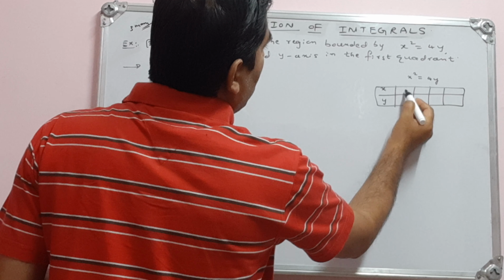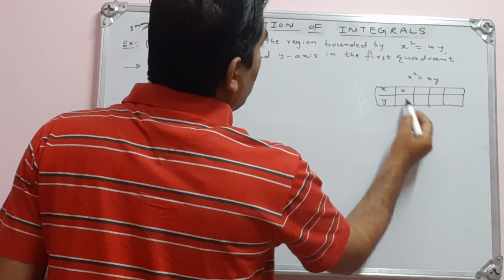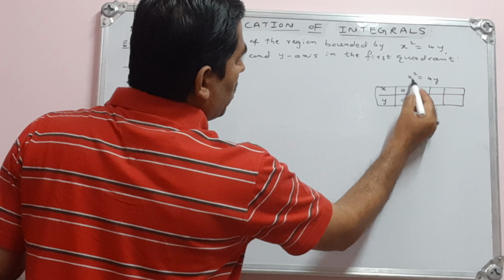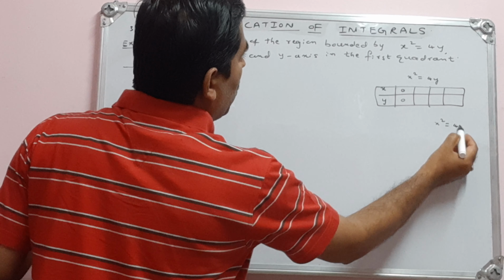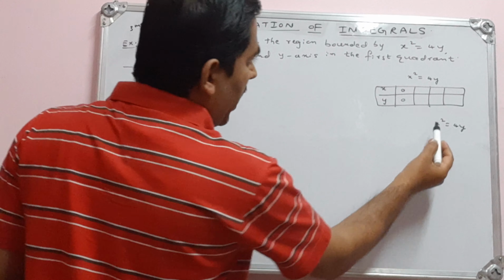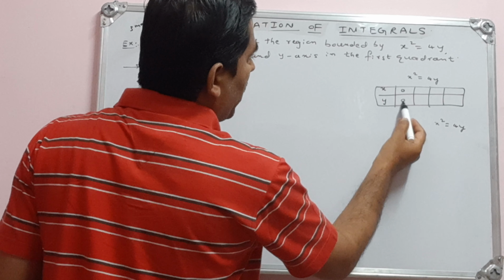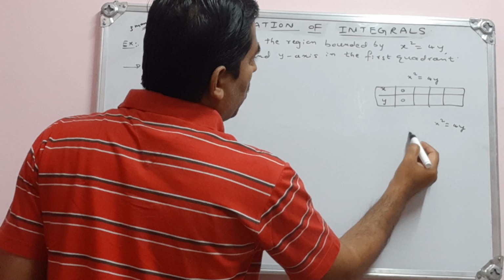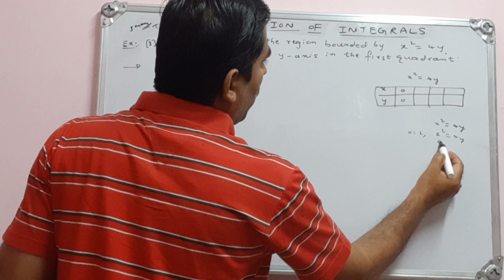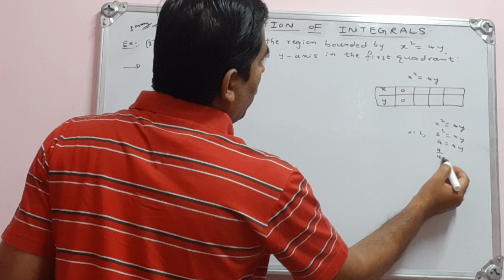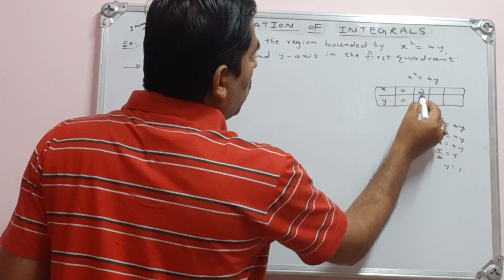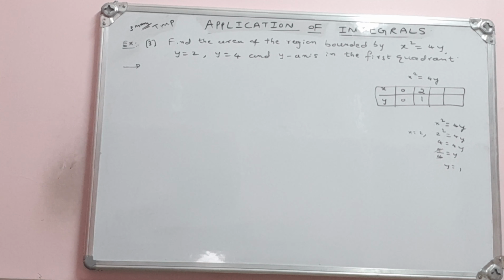If I give x is equal to 0, solve for y, I will get 0. If I give, say, x is equal to 2, then 2 square is equal to 4y, that is 4 is equal to 4y, that is 4 by 4, so y is equal to 1. So if x is equal to 2, I get the value of y as 1.